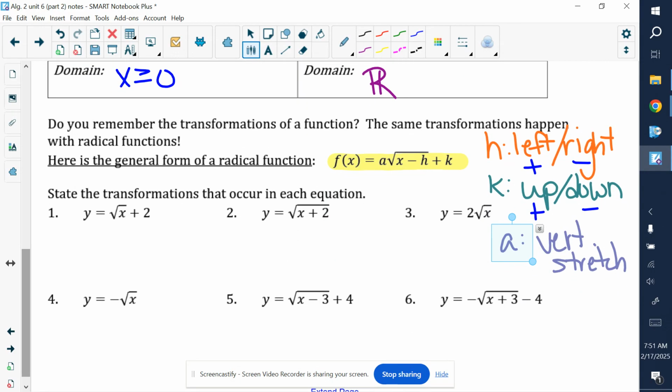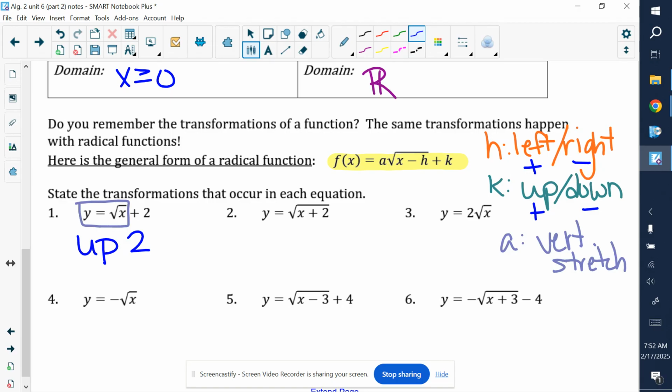Our directions here say, state the transformations that occur in each equation. I'm taking my parent function, which is y equals the square root of x, and I'm transforming it. My new equation is y equals the square root of x, plus 2. So what am I doing to my parent function? The plus 2 is like a plus k, which means I am shifting up 2. Number 2.